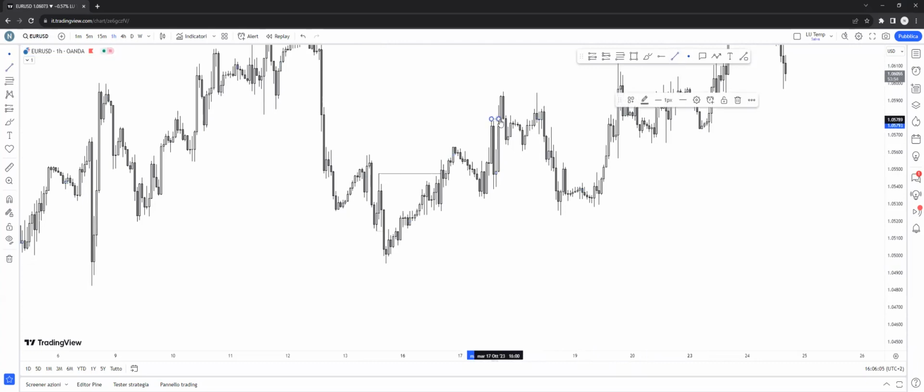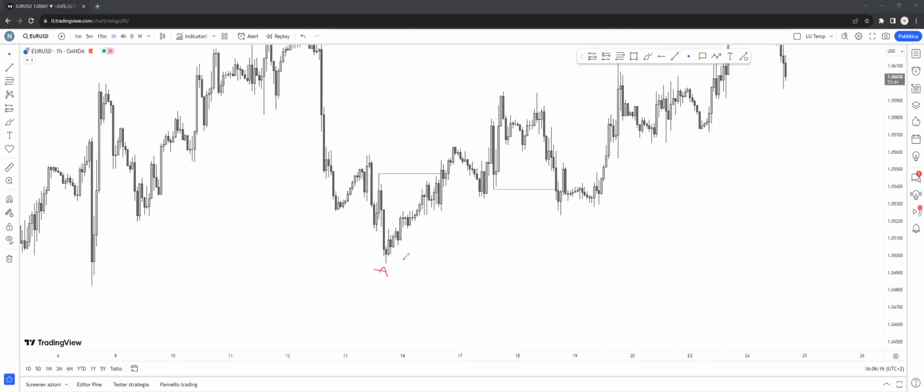Then here above, we have price taking out liquidity and taking out a valid structural point, right? So here we now have our range confirmed from A to B. Our bias will make the price go bullish, potentially making our B weak. And now we have what we consider internal range liquidity.